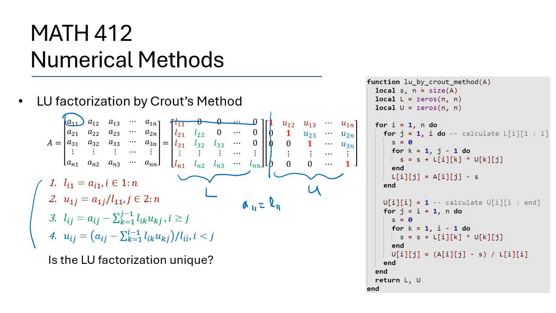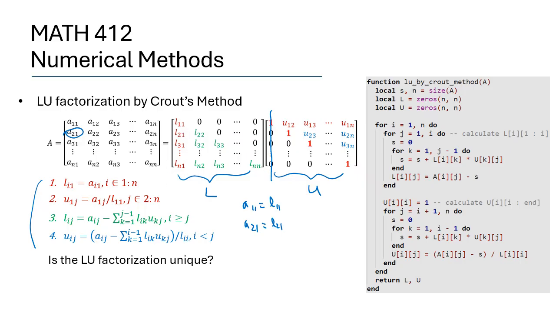Therefore L11 is just A11. And you can find A21, which is given by the second row of L times the first column of U, so A21 is L sub 21 times 1. And the same way you can find all those.